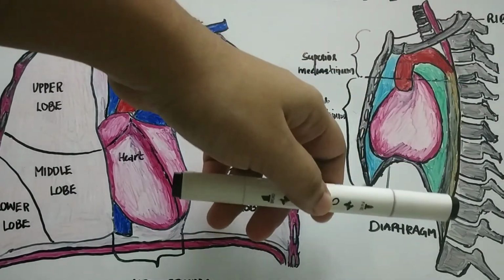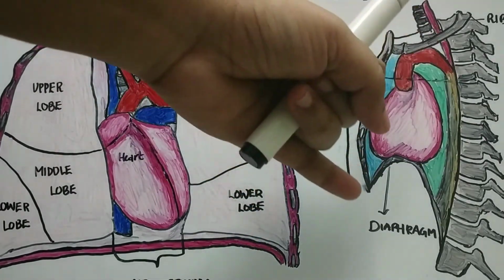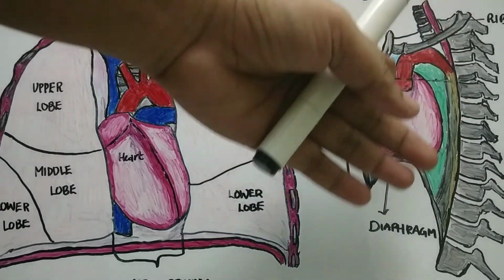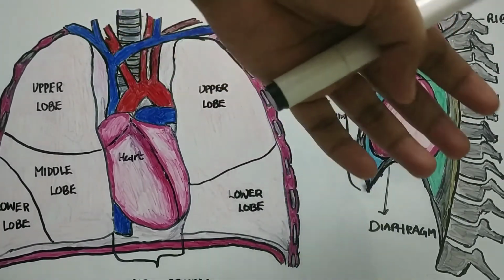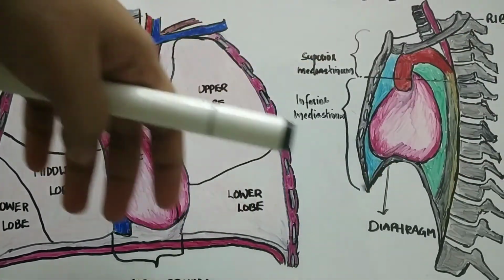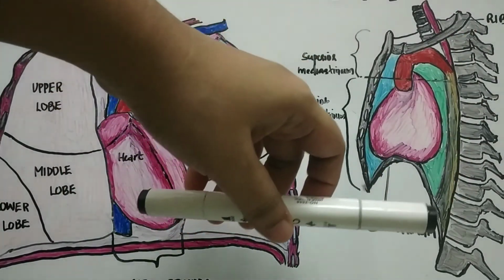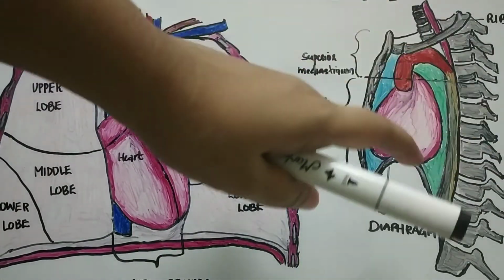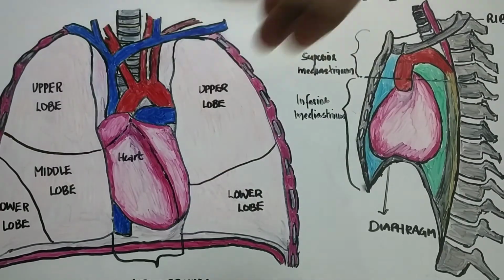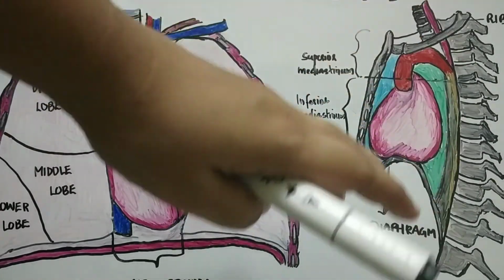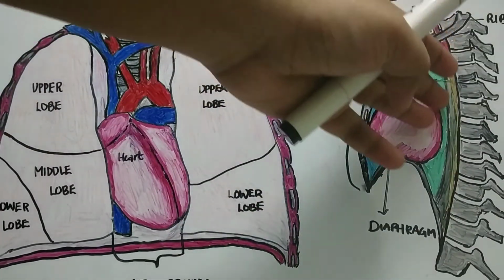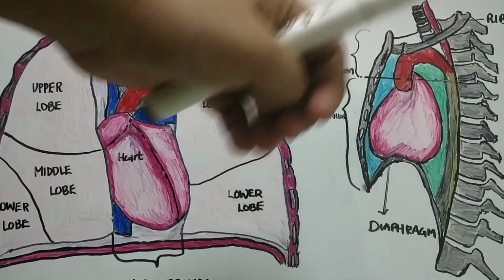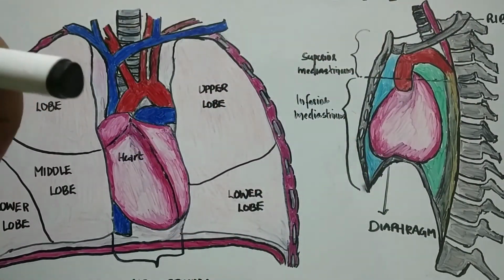Next are the lymph nodes and lymphatics, that is the posterior mediastinal lymph nodes and the thoracic duct, which you can see in the posterior mediastinum. These are the contents of the posterior mediastinum.